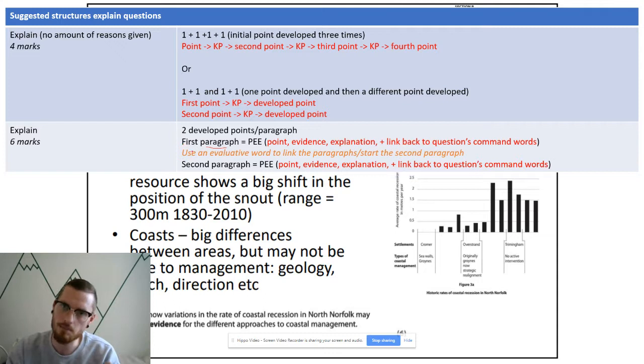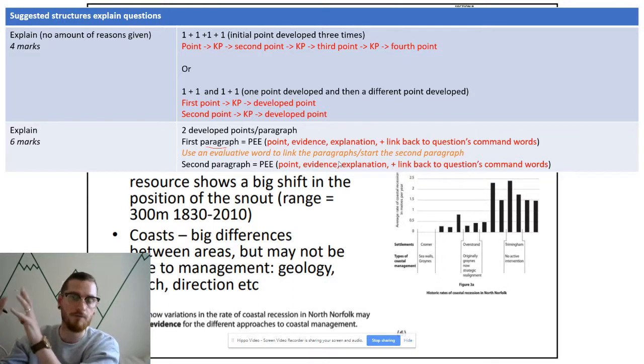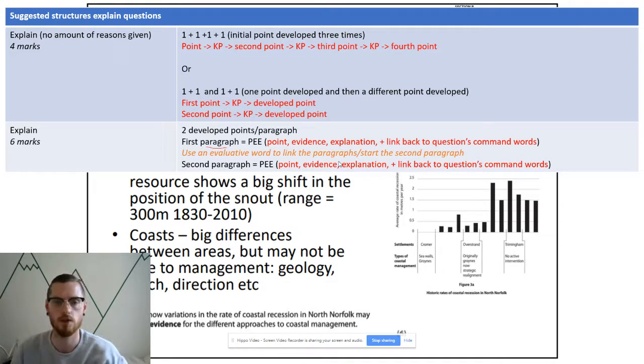As you move into the second paragraph, use an evaluative word to link the paragraphs together and to signpost to the examiner you're starting a second point.